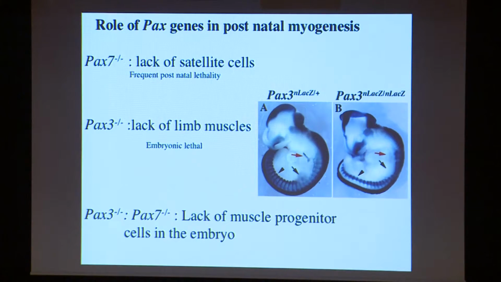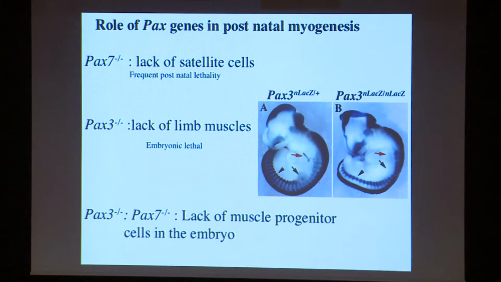I'm quickly summarizing the phenotypes with PAX7 deficient mice showing a very marked phenotype, which is absence or severe reduction of satellite cells. So a critical cell type that is required for muscle regeneration in the adult is absent from the mice lacking PAX7.